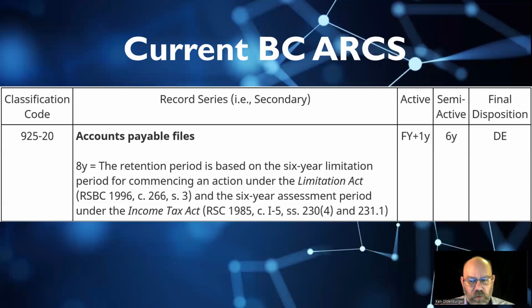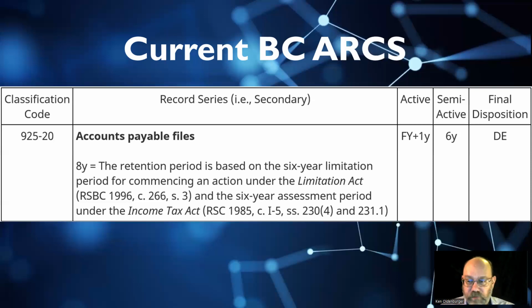So the file closes at the end of the fiscal year, but it's still active for another year. This is confusing and illogical. The reason for this is that back in the 1980s, we lived in the world of physical files.